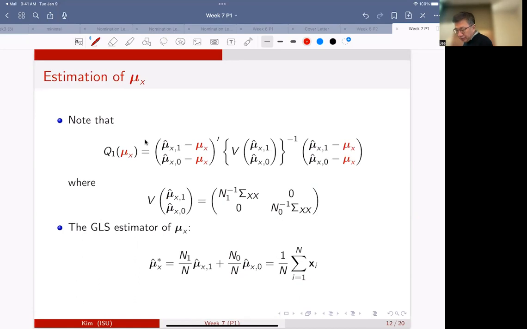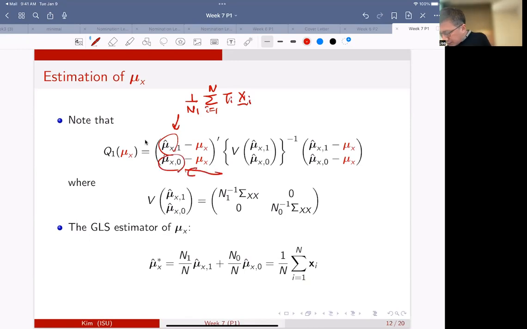So in our problem, the key part is, what is this one, by the way? What is B1? This guy is 1 over N1, sum over i equal to 1 to N, Ti Xi, right?